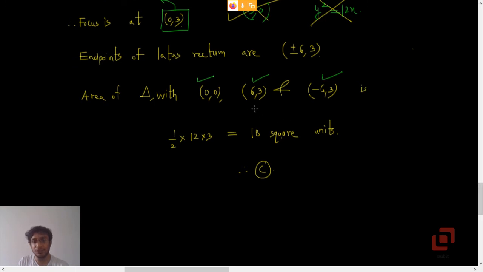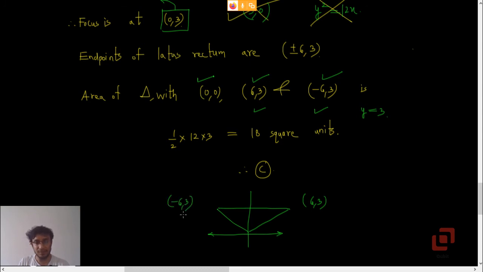Now because these two points lie on the horizontal line y equal to 3, we'll get the triangle as follows. If this is our y-axis and this is our x-axis, then this point is (6, 3), this point is (minus 6, 3), this is origin.